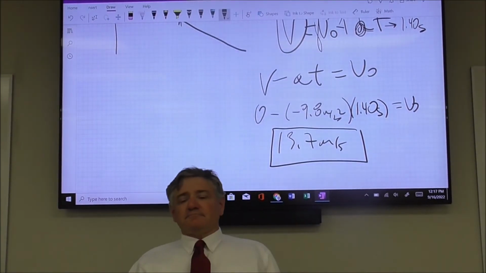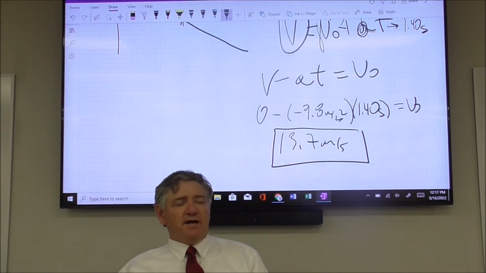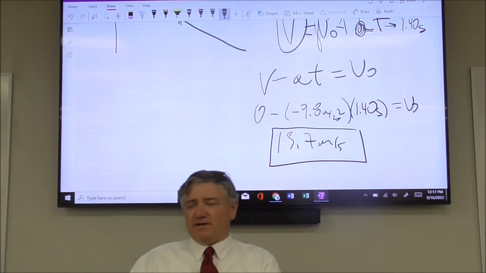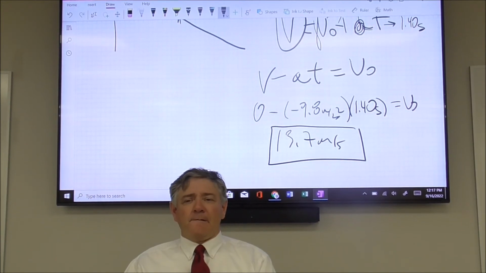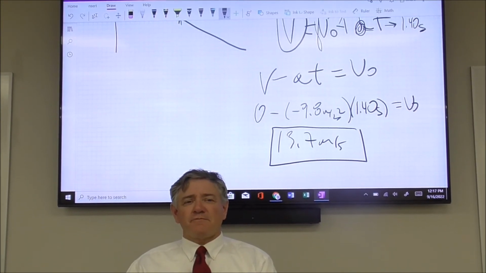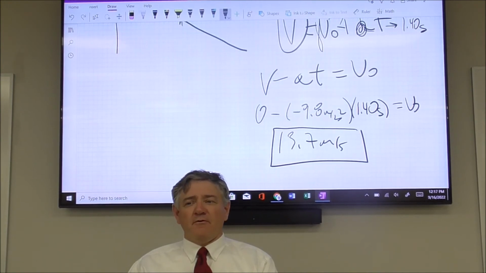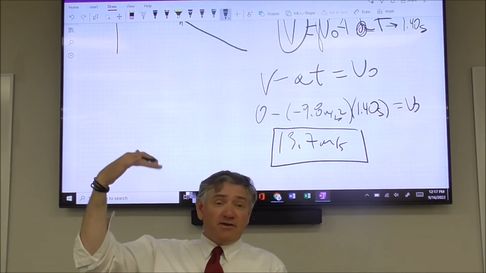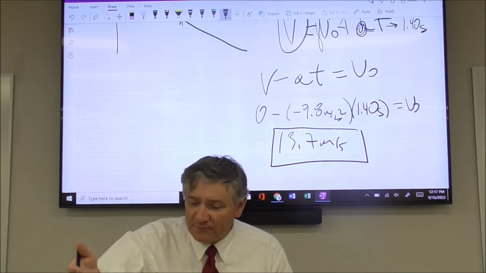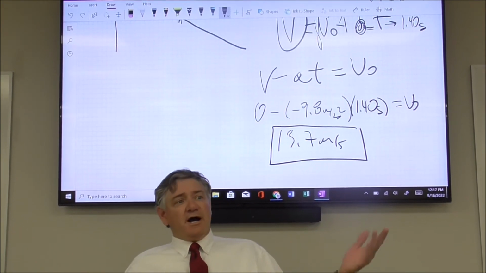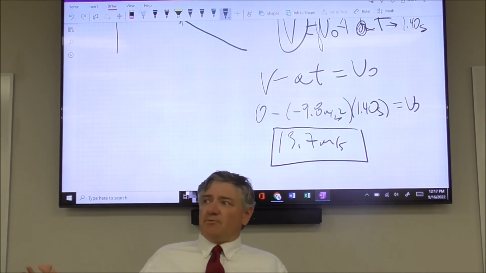Now, how could you check that that number is right? How could you work backwards to see if that's right? You could plug it back in. One option is that I find my acceleration: I take 0 minus 13.7, divide that by 1.4, and see if I get an acceleration of negative 9.8 meters per second squared.